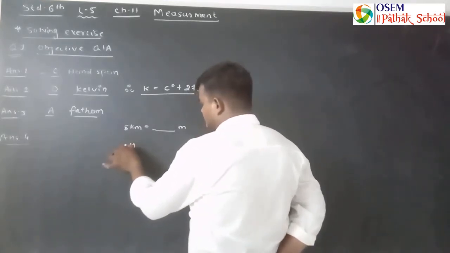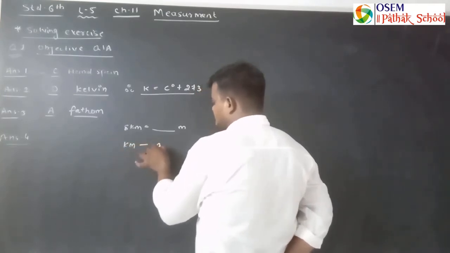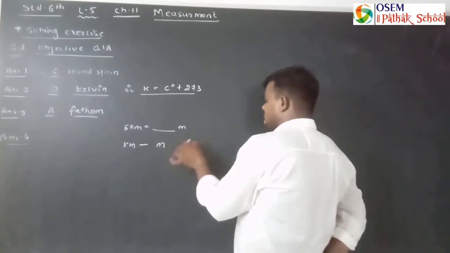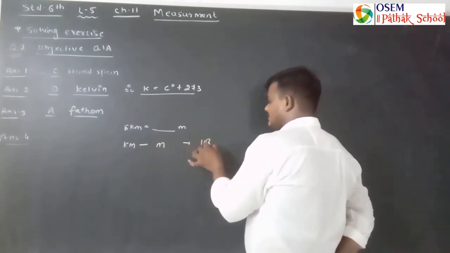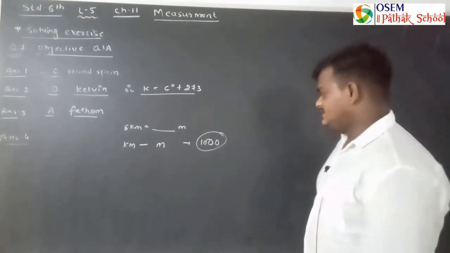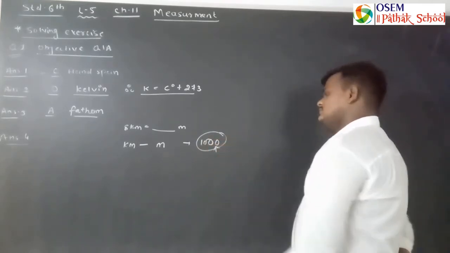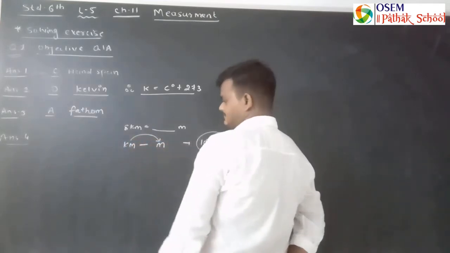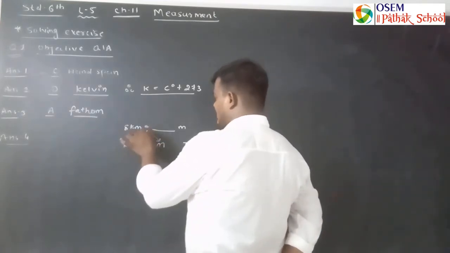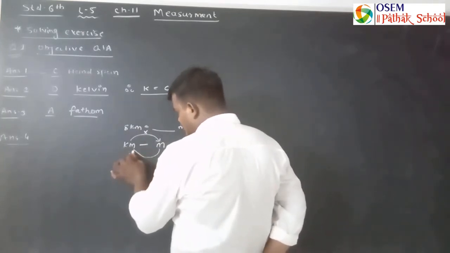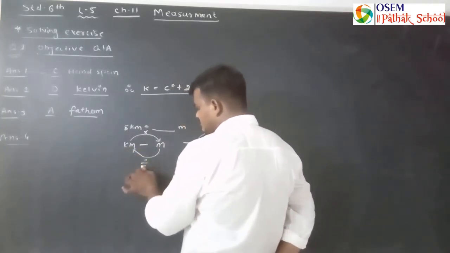Here we have to convert kilometer into meter, and there is a relation between kilometer and meter defined by thousand. Going from bigger to smaller, we have to multiply. If we go from smaller to bigger, we have to divide.